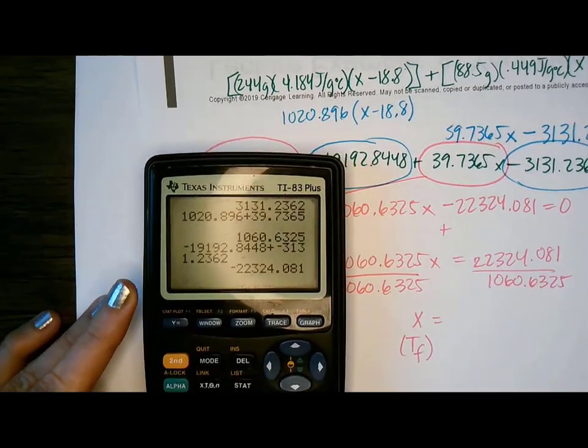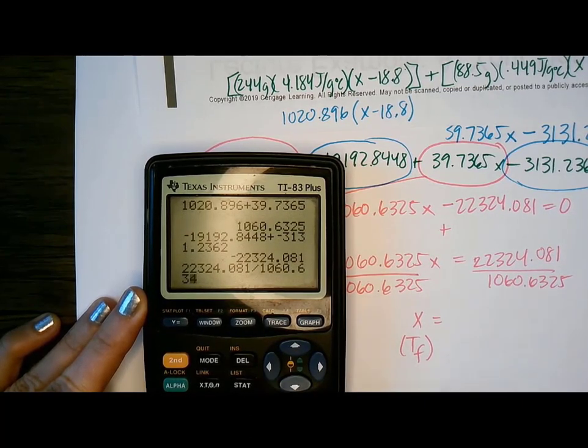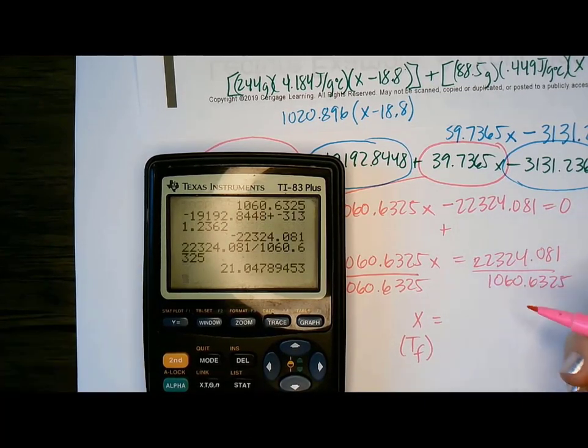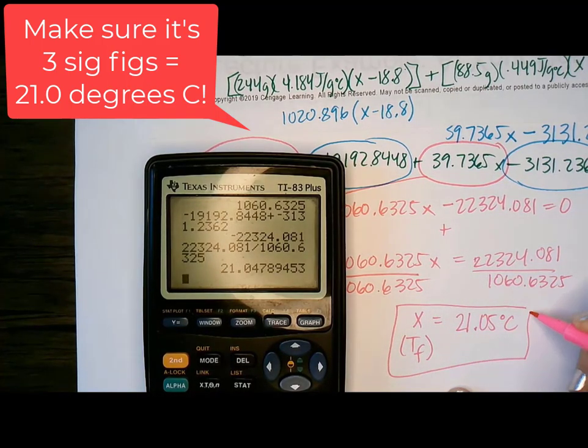Let's do 22324.081 divided by 1060. We get a final temperature of 21.05 degrees Celsius. Now let's see if this makes sense.